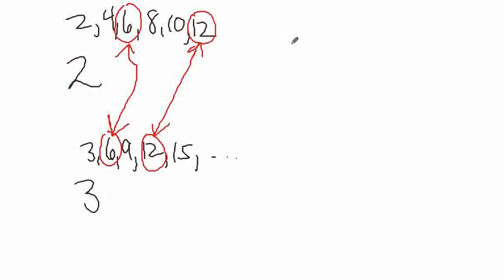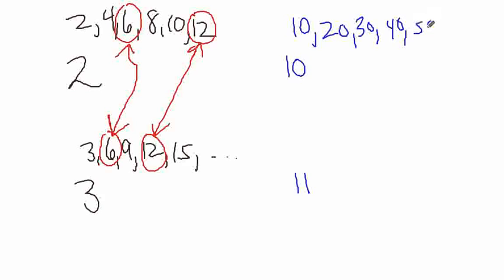Let's do another example. So what about if I had, let's say, 10 and 11. So the multiples of 10, you skip count by 10, 10, 20, 30, 40, 50, on and on. And then 11, 11, 22, 33, on and on.